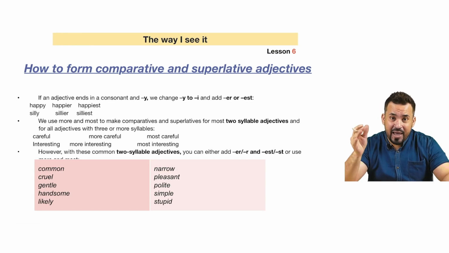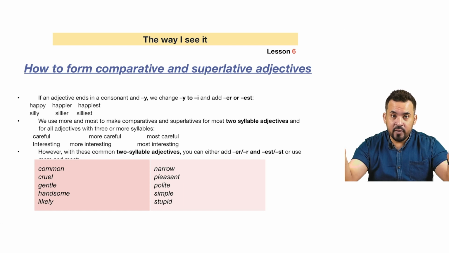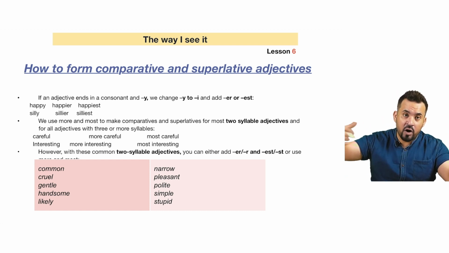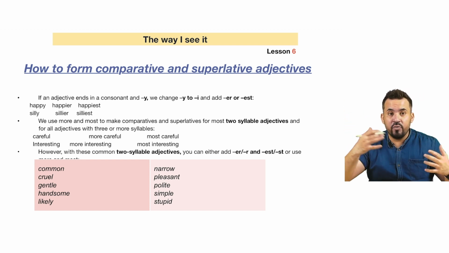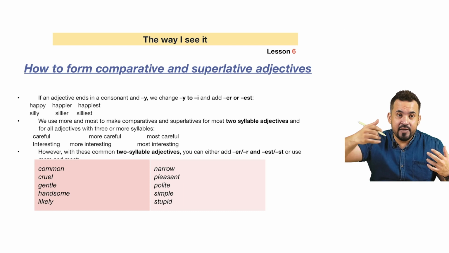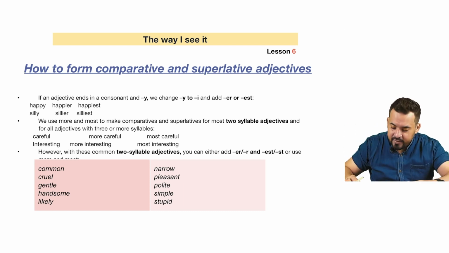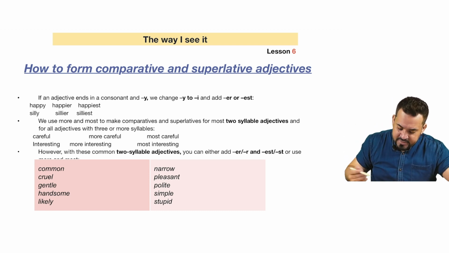If the adjective ends in a consonant and a y, we remove the y and replace it with an i. Then if we are making a comparative, we add er, so it will be I-E-R. Or if it's a superlative, we add st, so it will be I-E-S-T. Let's take a look.